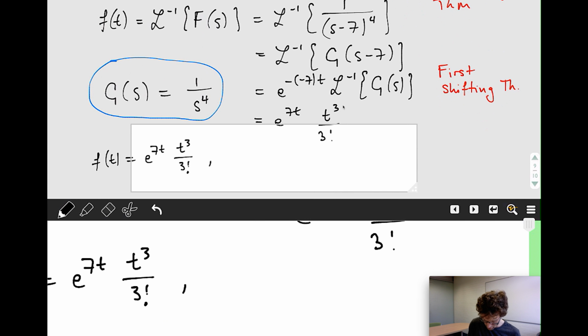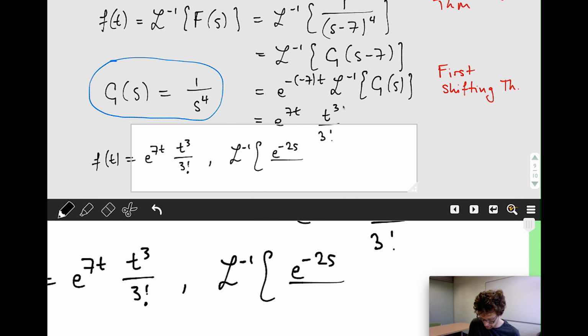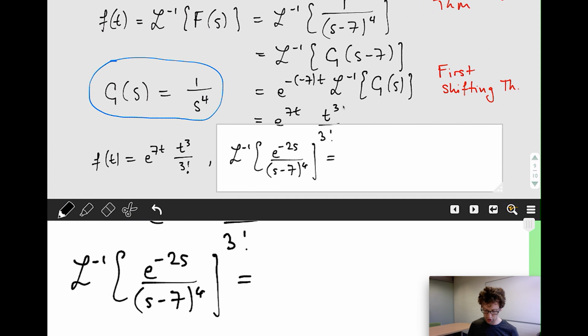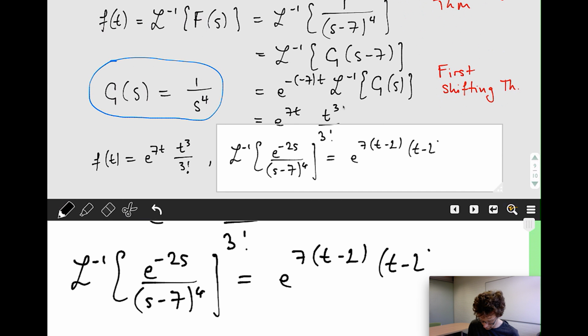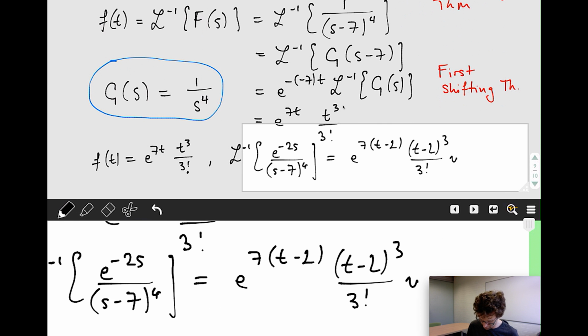And my inverse Laplace transform of my original function, e to the minus 2s over (s minus 7) all to the power of 4, is going to be a shifted cut version of that. So everywhere I see t, replace it with t minus 2. And that's all going to be multiplied by a cut at t equal to 2.